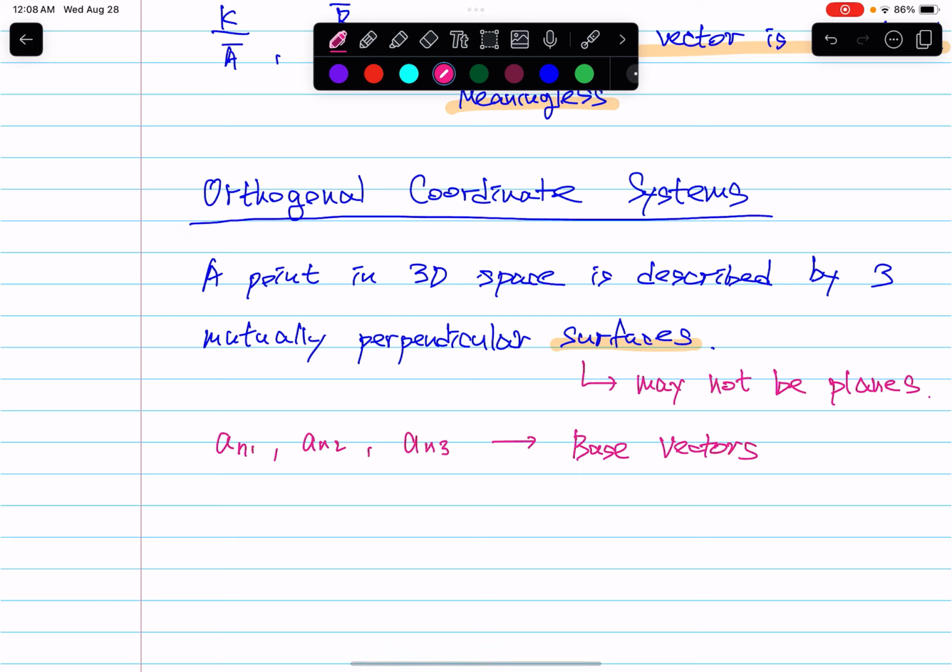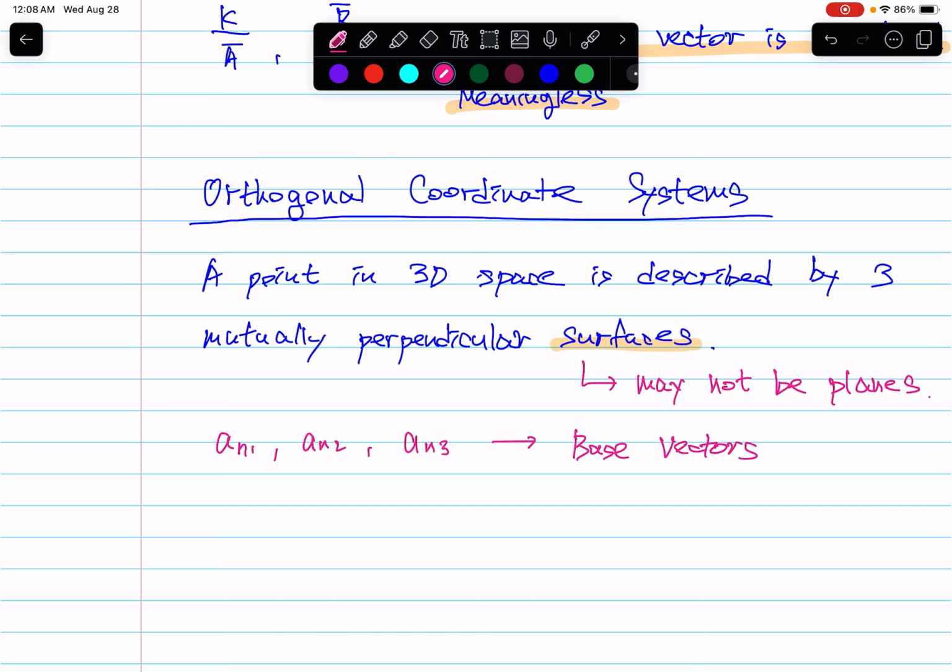Okay, so among the orthogonal coordinate systems, we are going to study Cartesian coordinates and cylindrical coordinates and spherical coordinates. And some of them will be easier to deal with depending on the geometry of the problem that you're tackling.